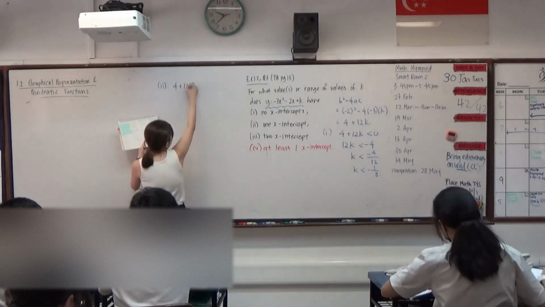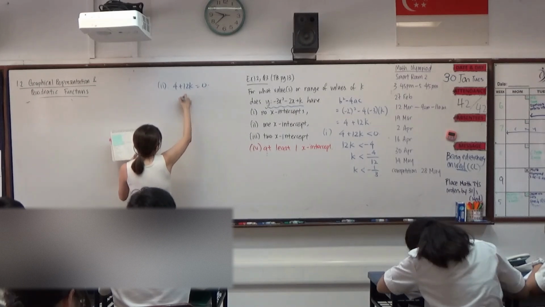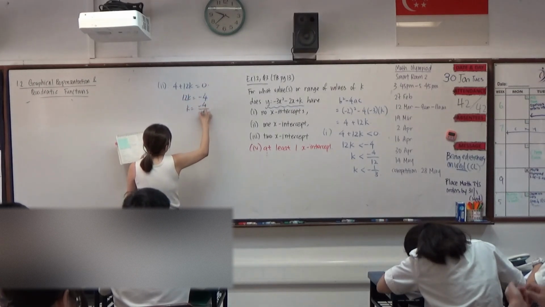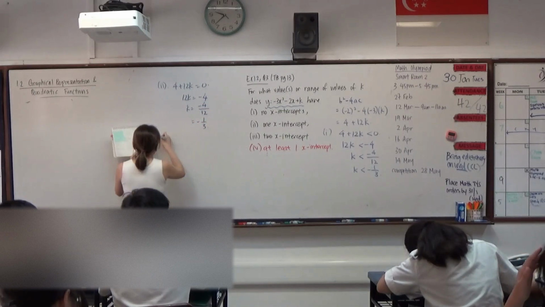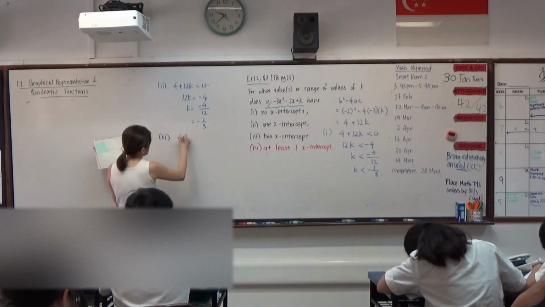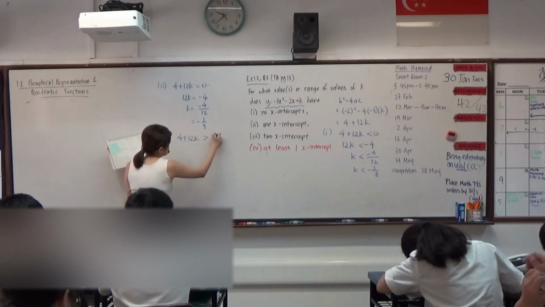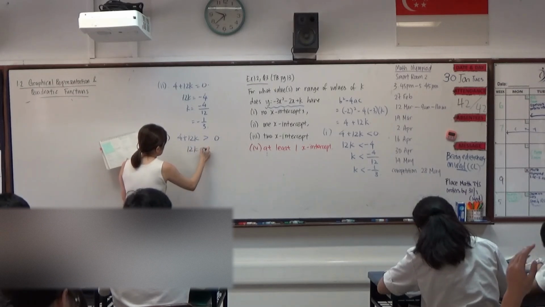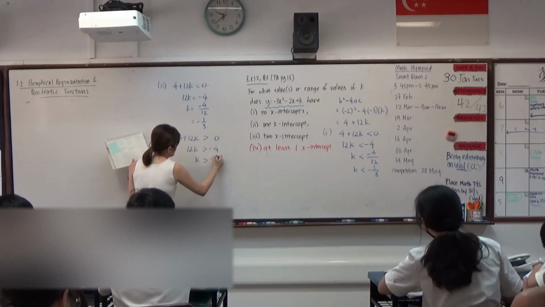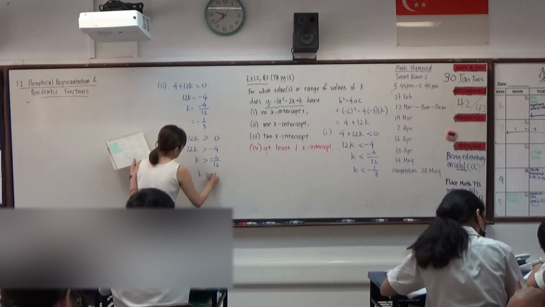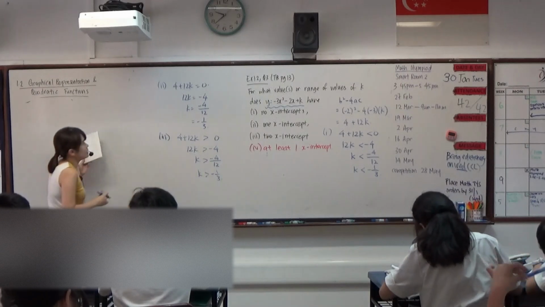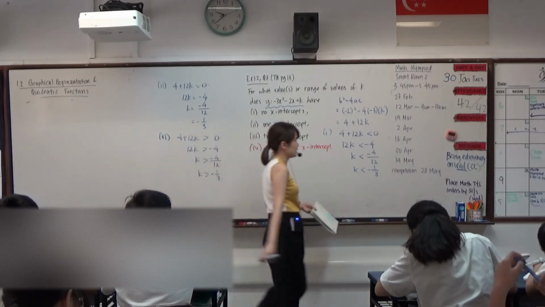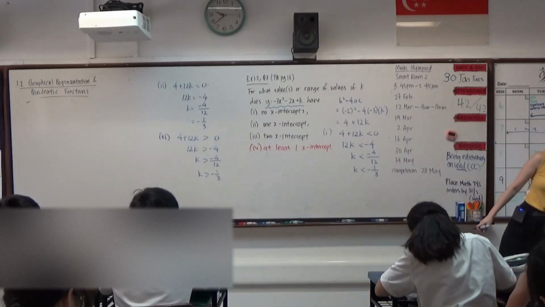Four plus 12k. Okay, are we all able to get this answer? Jovan is asking why is it everything is about negative one-third? What do you all think?